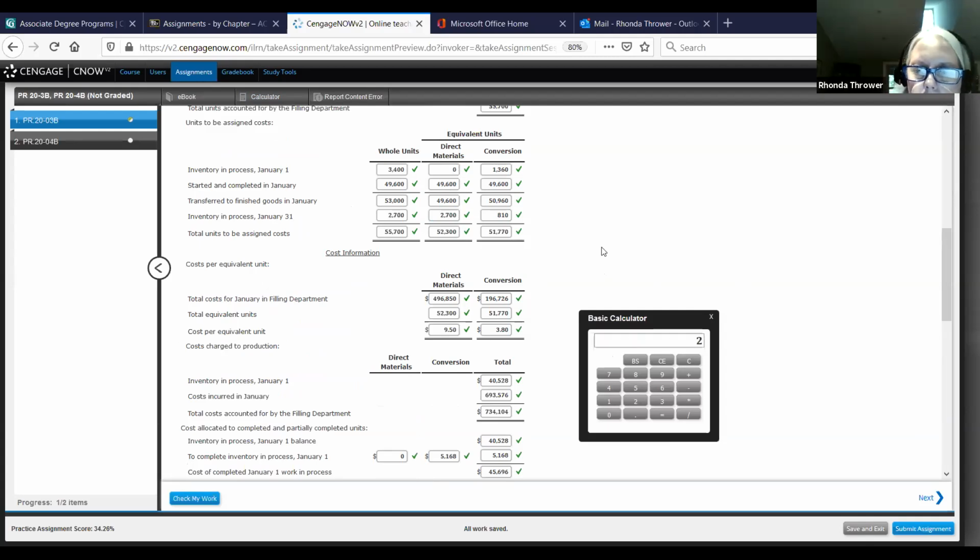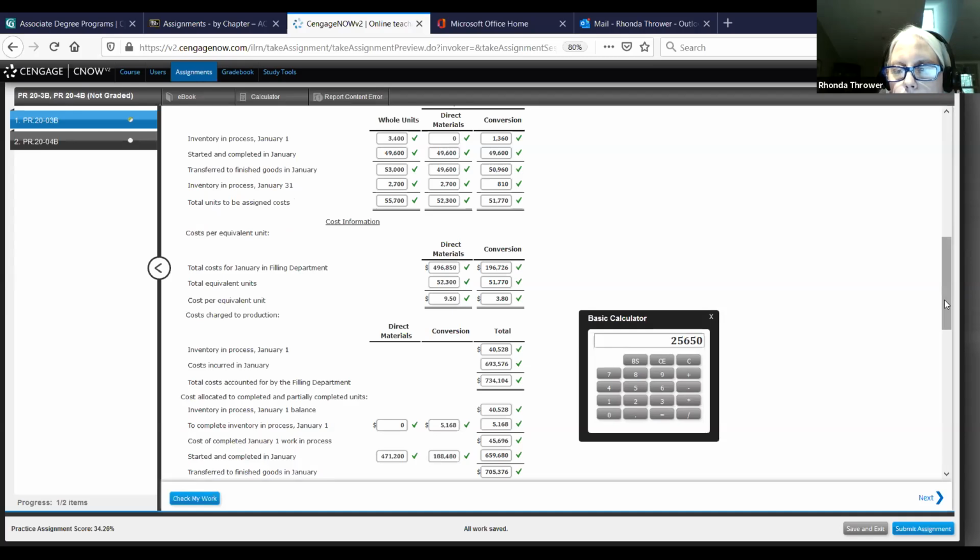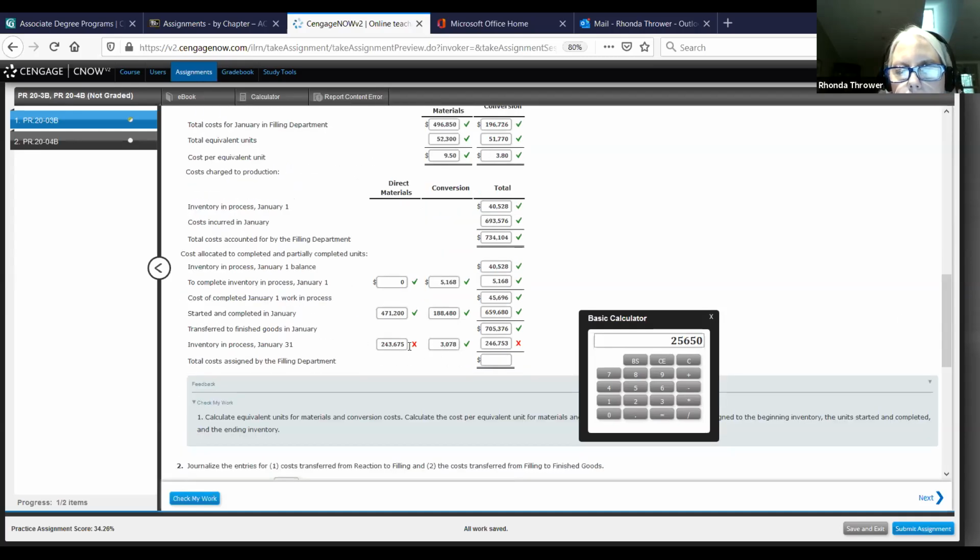So 2,700 units has to be multiplied by the equivalent unit cost of the materials, which is $9.50. And that'll give you 25,650.